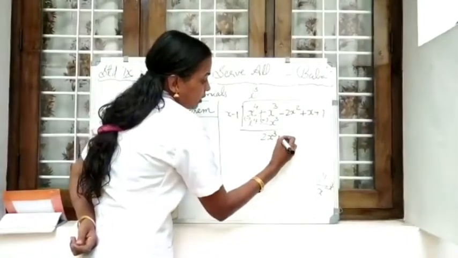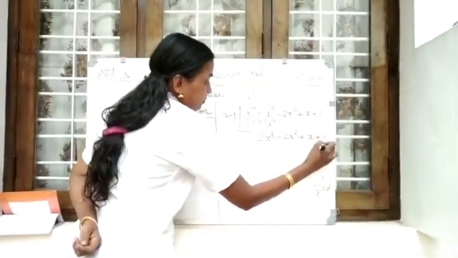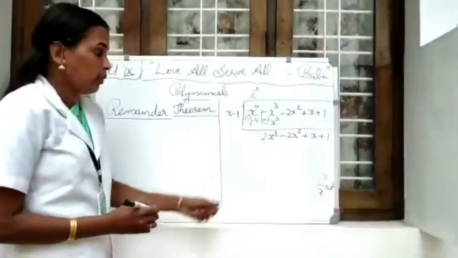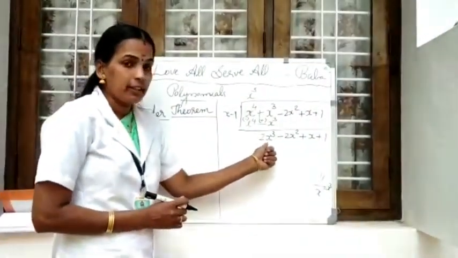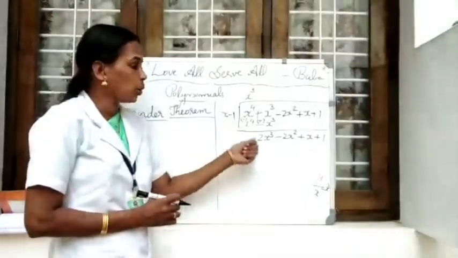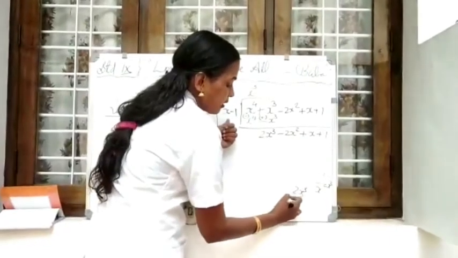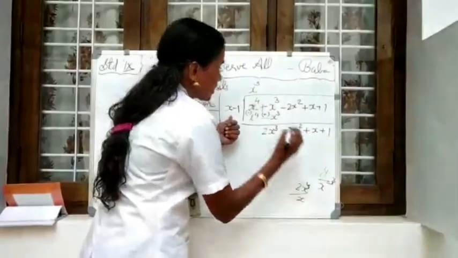Then bring down the remaining terms. Then our next step is divide this extreme left term by this x. So 2x cube by x, it is 2x square.